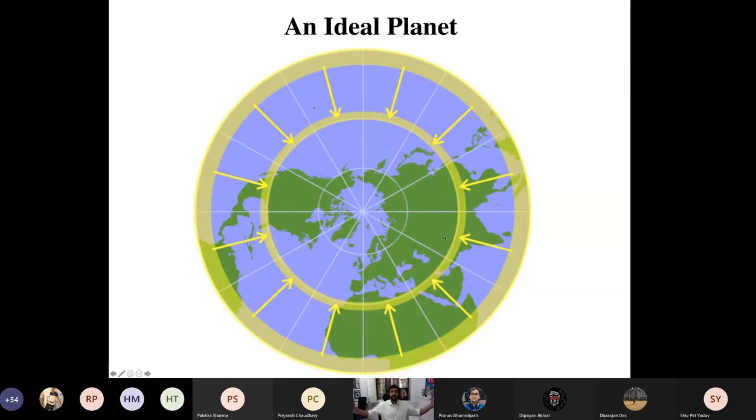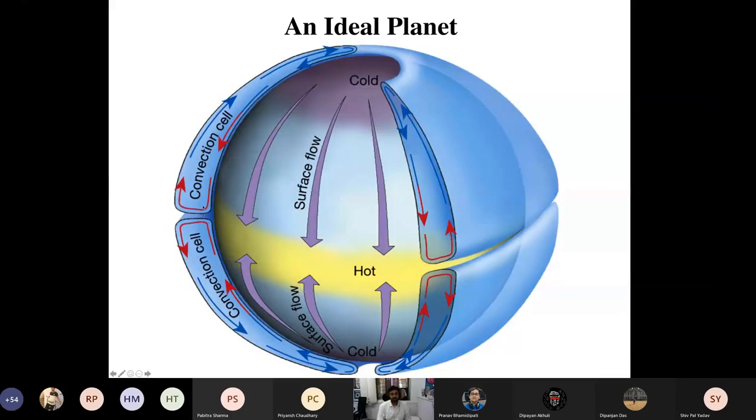If you take all the air mass around the equator and try and squeeze it towards the 30-degree north, the total volume of space available to you is shrinking, right? And this shrink causes a change in density because you're packing more and more air into a smaller and smaller space. So we cannot expect a perfect circulation pattern even if we have an ideal planet which is not rotating, okay?